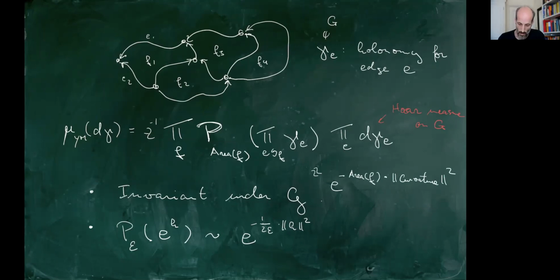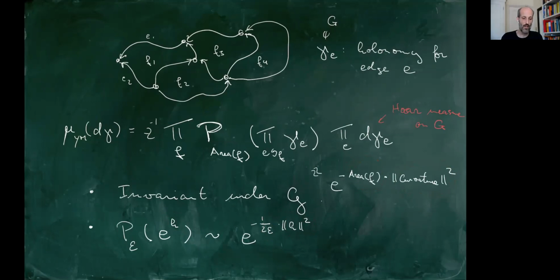So the reason why it scales like that is that here I have divided by the area, but on the other hand, the h itself was supposed to be area times curvature, and so h squared is going to be area squared times curvature squared. So one factor of the area cancels out, and you get something which is essentially area times curvature squared.